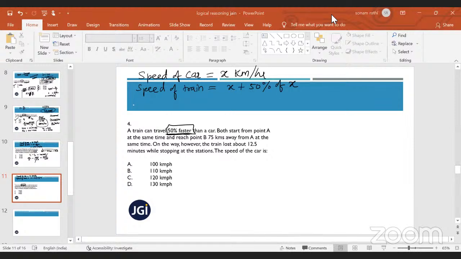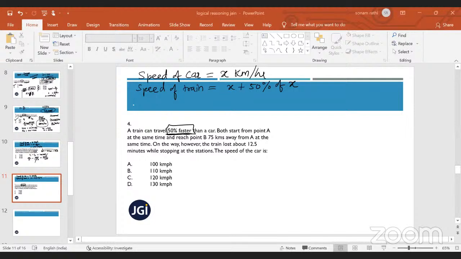X plus 50% of x. Calculate it. How much speed of train will I get? Tell me the speed of train.